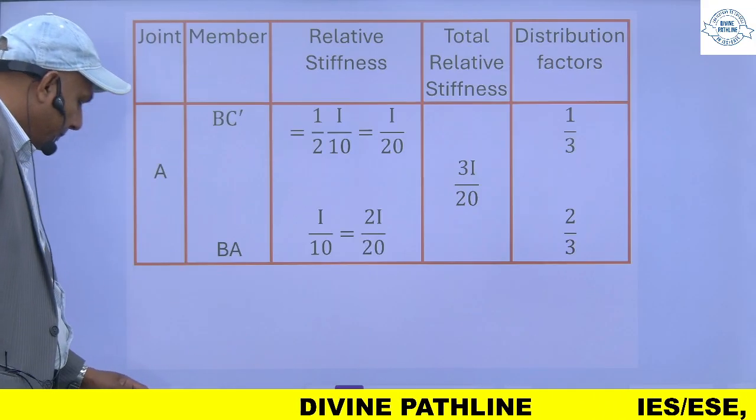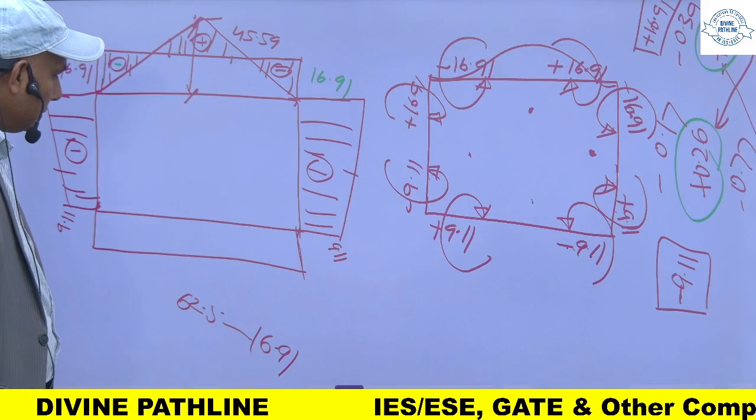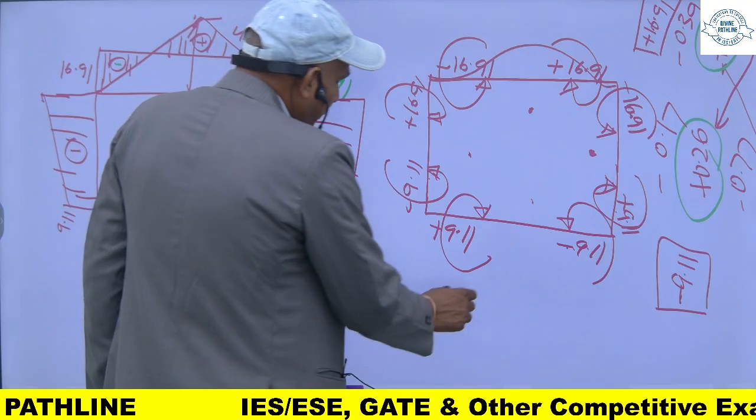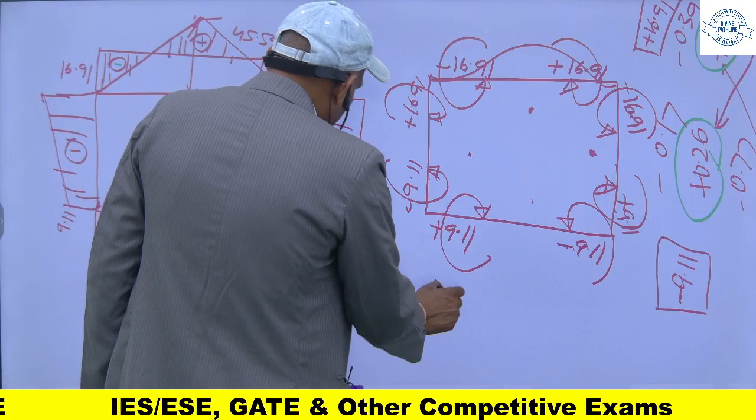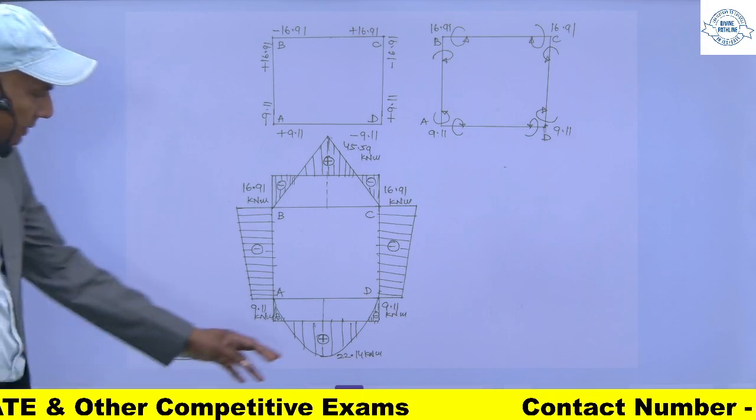So 30 minus 9.11 will be 21 point something, so it will be 22.14.